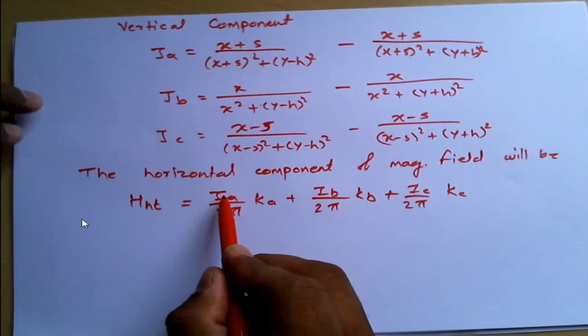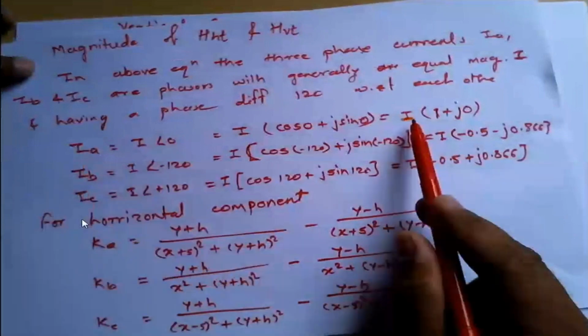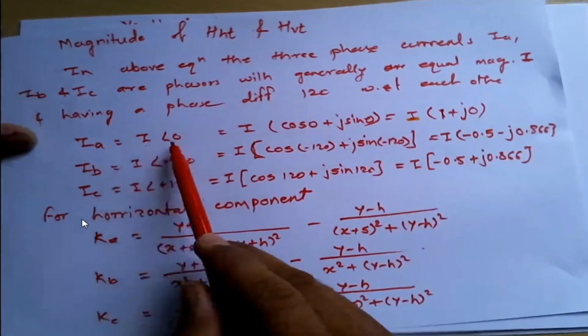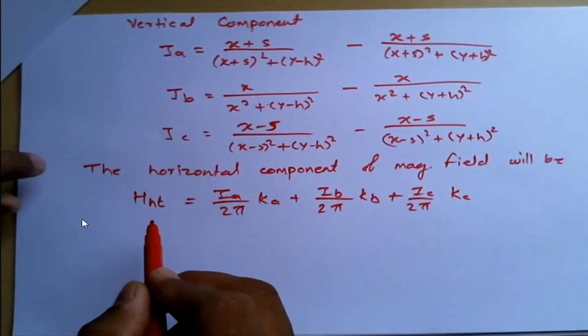So what is Ia? Ia can be written as I in bracket 1 plus J0, because it is with angle 0 degree, right? So I will place the values.